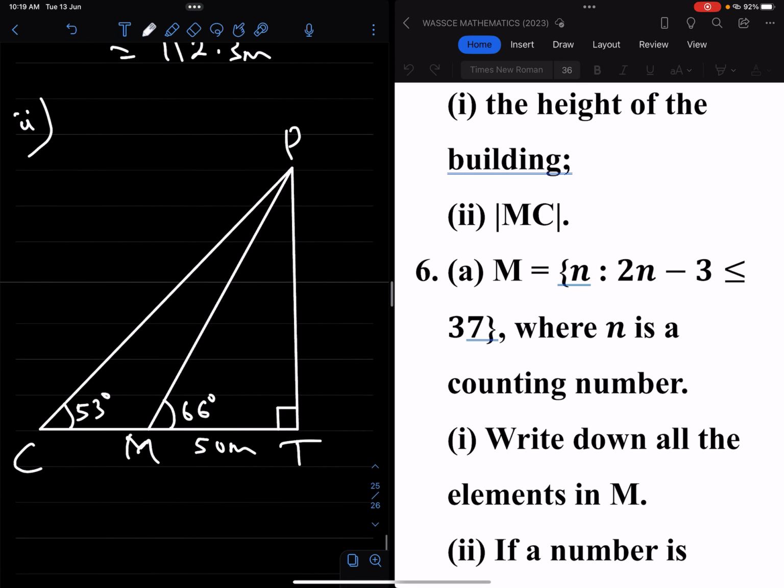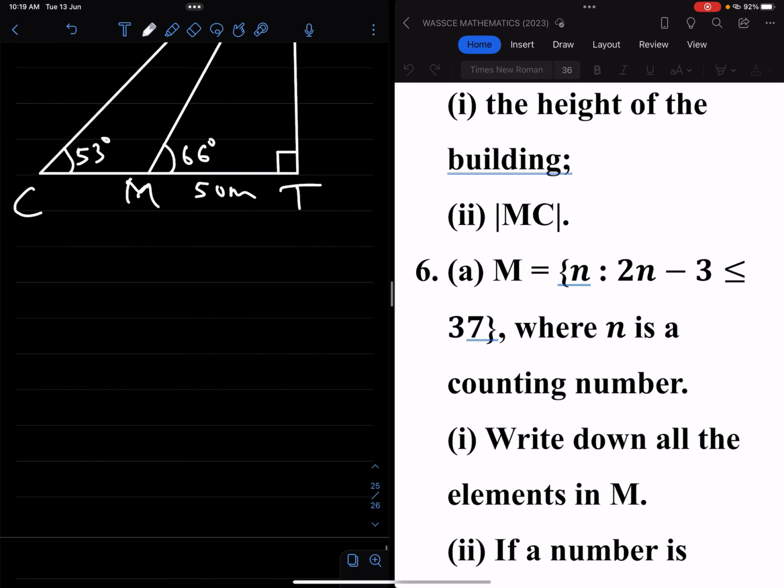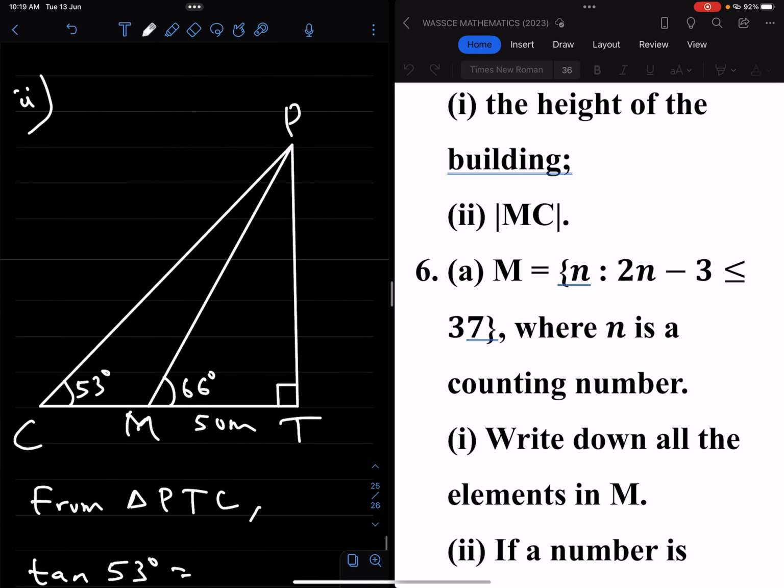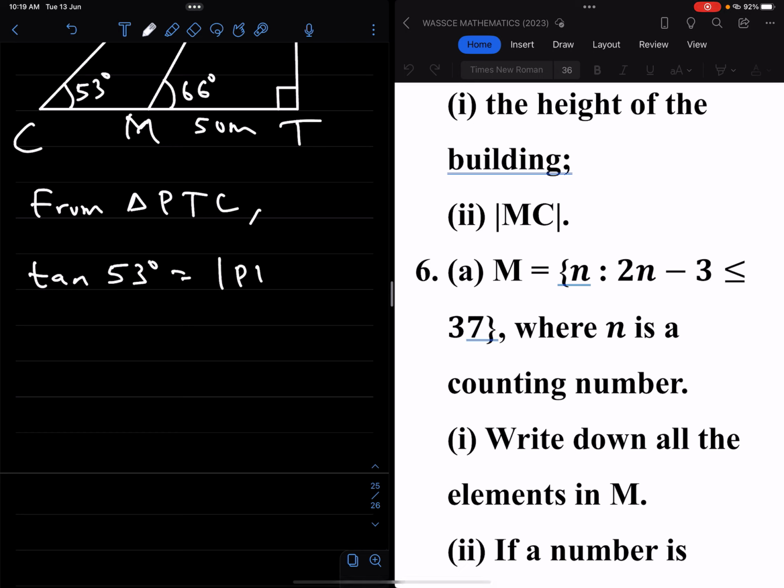From right angle triangle PTC, this big one, from triangle PTC, I can see that tan 53 degrees is equal to opposite, which is PT, over adjacent, which is CT.